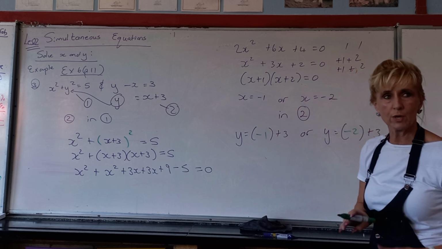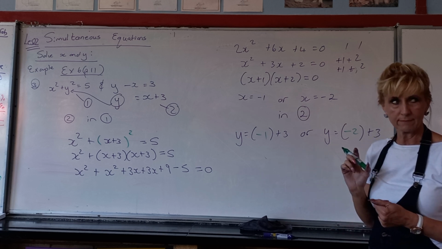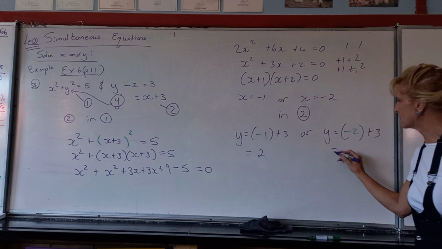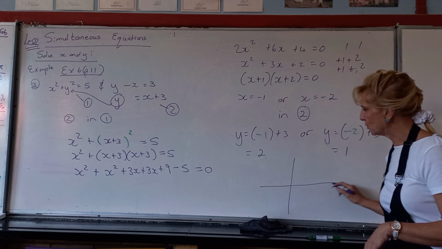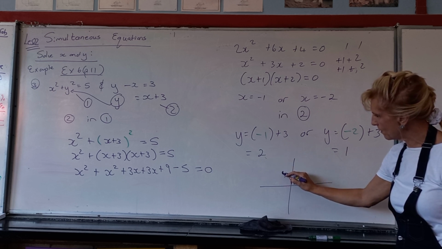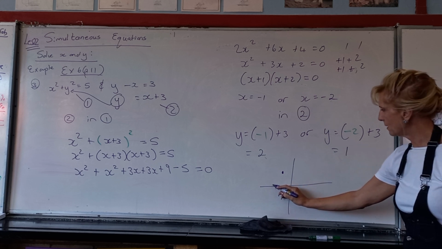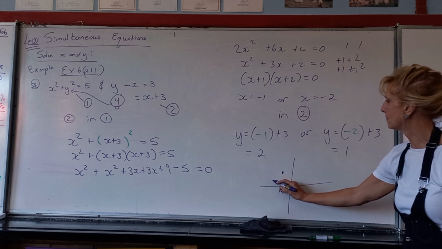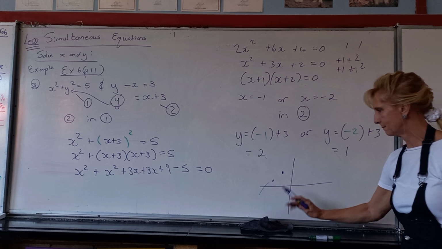And it's such a long question, I hear Michelle saying. Yes, and you're going to get 6 and 7 marks for it. Right. So when we simplify that, you'll get an answer of 2 and an answer of 1. What does it mean? You're not going to do this, but on a graph, where x is negative 1 and y is 2, negative 1 and 2 is somewhere over there, and x negative 2 and y 1, let's get it on the same height there, would mean my straight line for sure has to look like this.